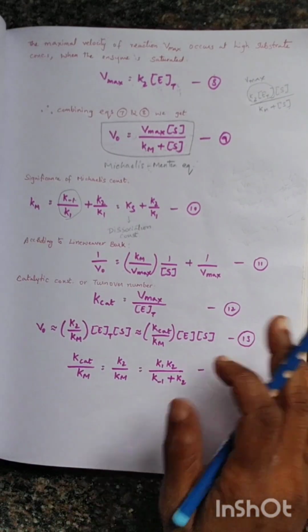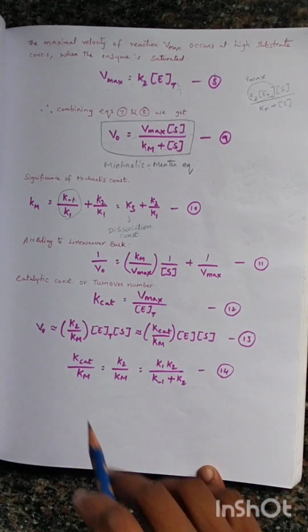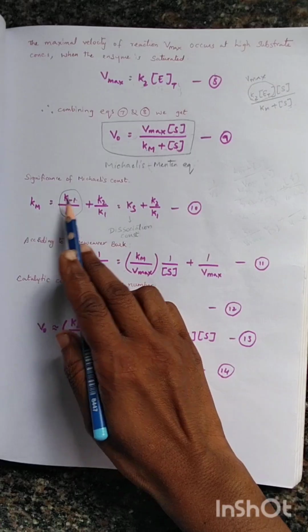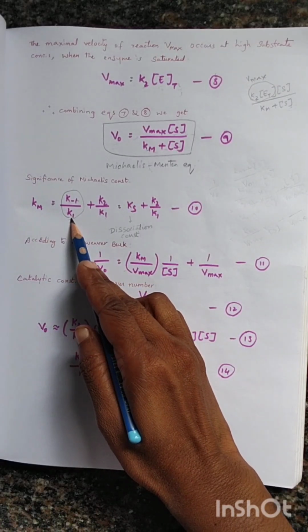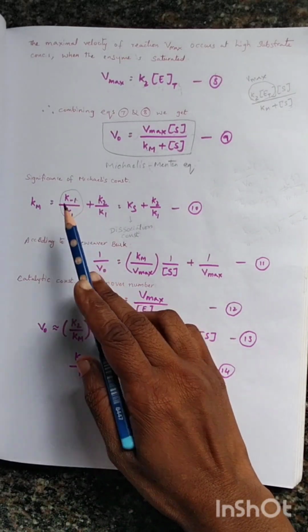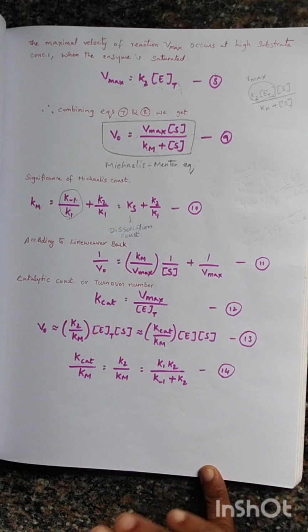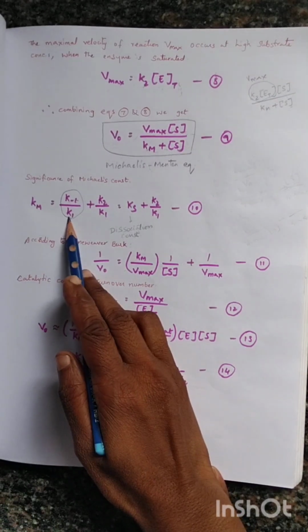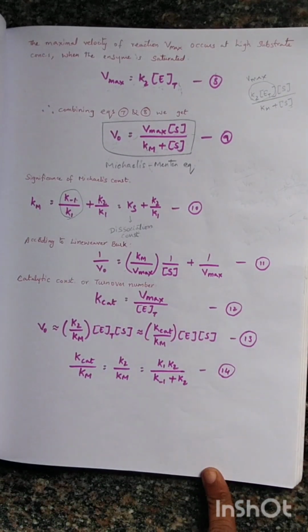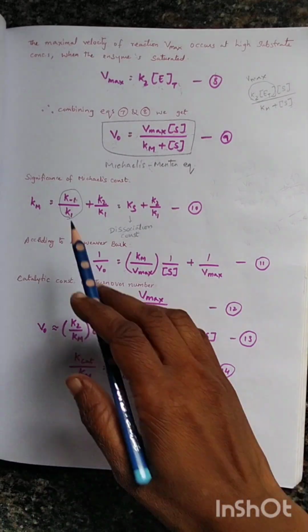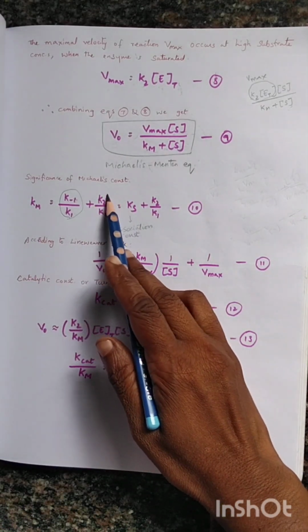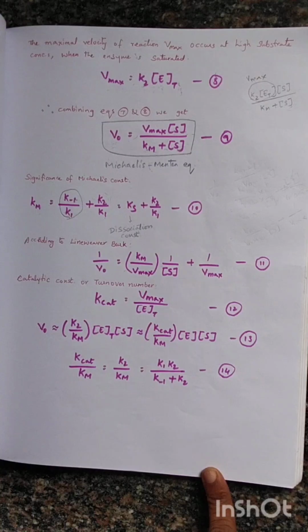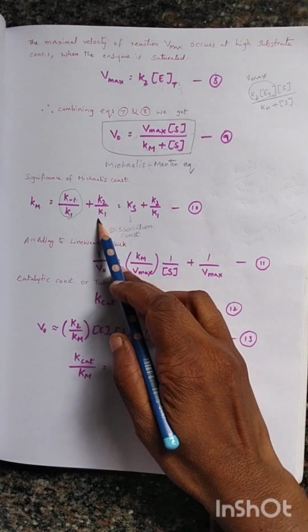Coming to the significance of the Michaelis-Menten constant, Km is equal to K minus 1 by K1. K minus 1 is the reaction proceeding towards the formation of free enzyme plus substrate from the enzyme substrate complex. K1 is the reaction proceeding towards the formation of the enzyme substrate complex, plus K2. K2 is the reaction proceeding towards products plus enzyme, divided by K1.